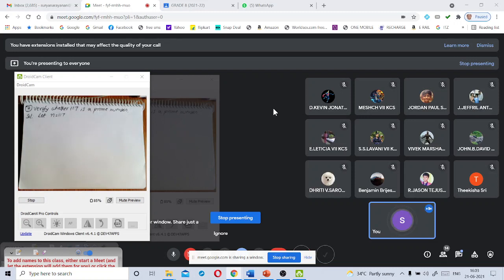Then what should we do? We have to find the square root of 117.